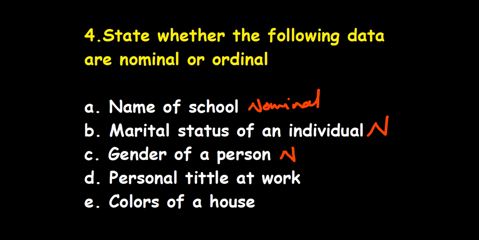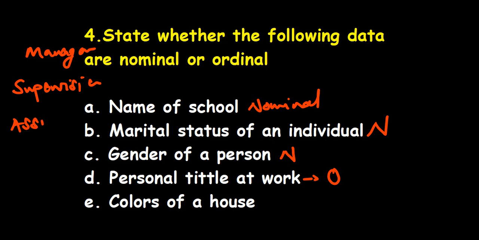All right, what about the personal title at work? This one will be ordinal. The personal title at work will show order. For example, we have the manager. This manager at work will be above some certain people. So maybe manager above, then we have supervisor, and from the supervisor we can have maybe the assistant.